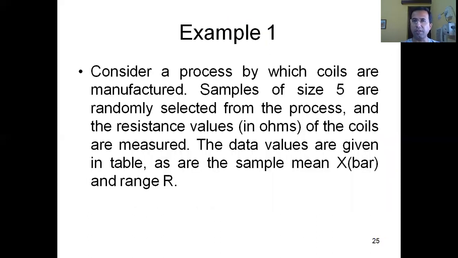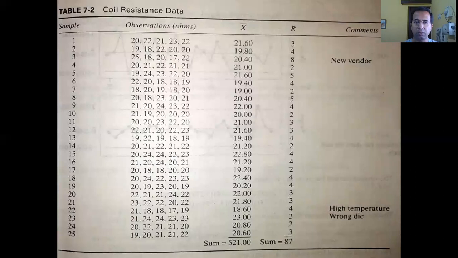Now this is another example which is given over here. In this, the control chart was made and it was found that sample number 22 and sample number 3 are plotting outside the control limits. So because of that, you do some investigation.